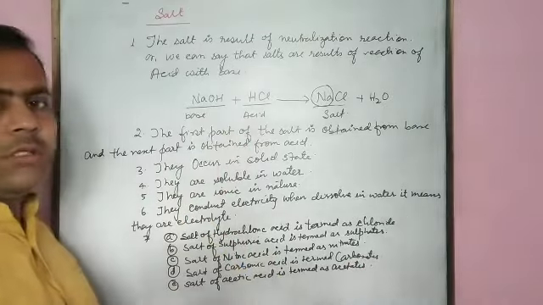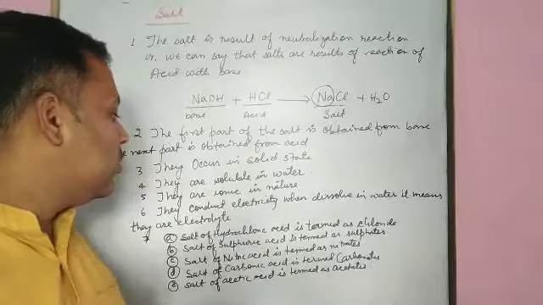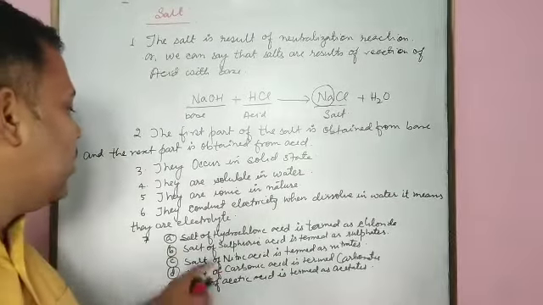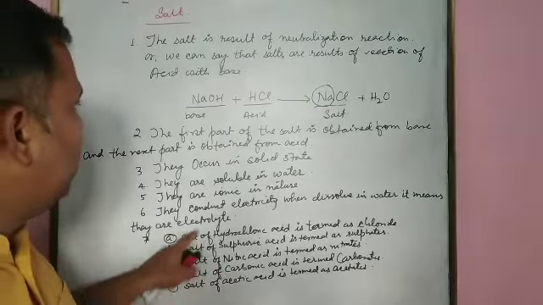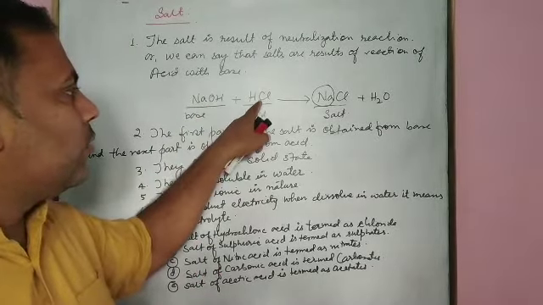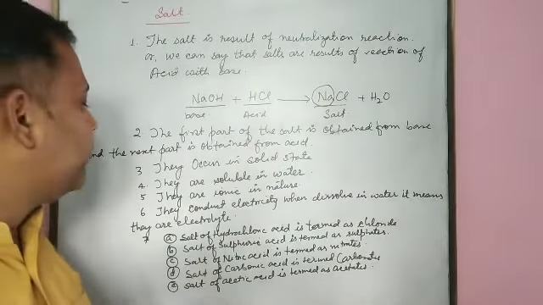What we have discussed is that the name of the salt is derived from the acid from which it is produced. It means when sodium hydroxide reacts with hydrochloric acid, this salt is termed as chloride salt.